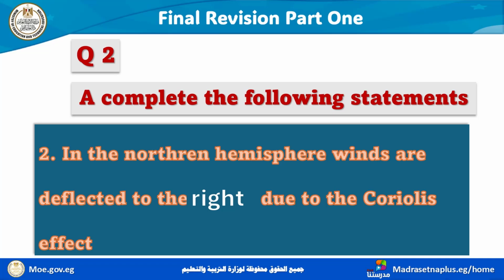Because the Earth rotates faster at the equator than at the poles, objects moving across the surface appear to curve rather than travel in a straight line. So, in the northern hemisphere, winds and currents always deflect to the right of their path of motion.